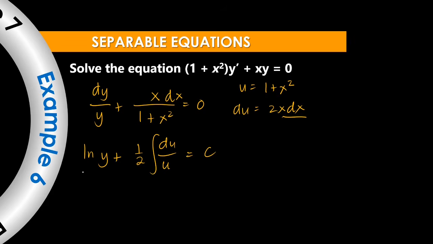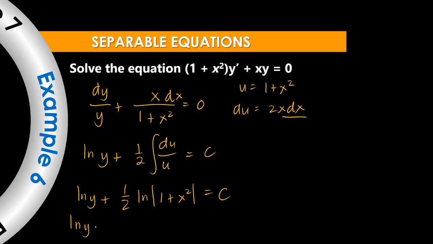So integrating this term, ln of y plus 1/2 times ln of u, which is 1 plus x squared, equals c. Since both terms here involve ln, we can also express the arbitrary constant in terms of ln.